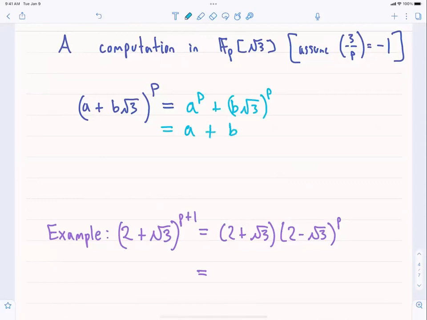Then this is b to the p times square root of 3 to the p. So this is a plus, b to the p is just b. And then square root of 3 to the p, I can write this as 3 to the (p minus 1) over 2 times square root of 3.